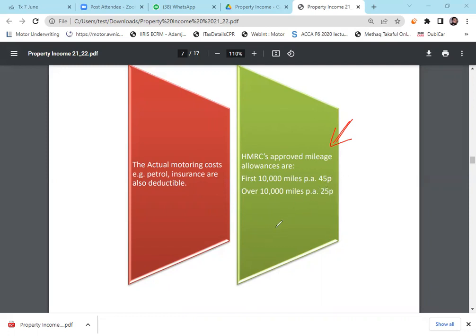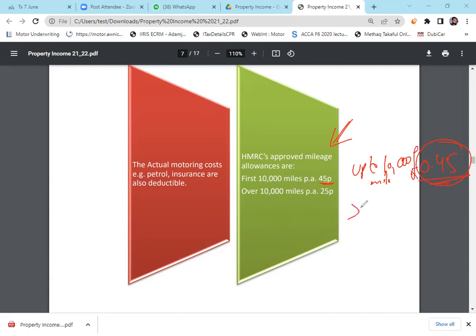It will not be the same amount which he is spending. This amount will be restricted to this formula. For example, if he drove up to 10,000 miles, the allowance will be 0.45, 45 pence. Pence means 0.45 pounds.